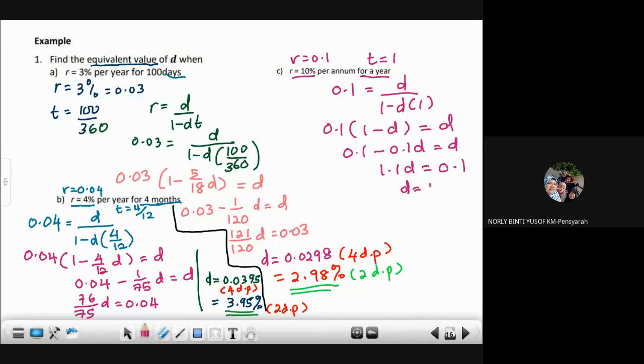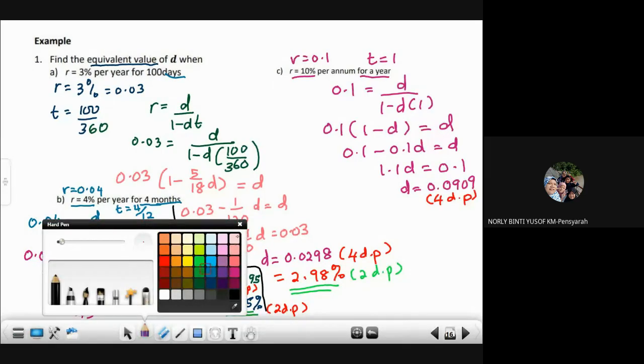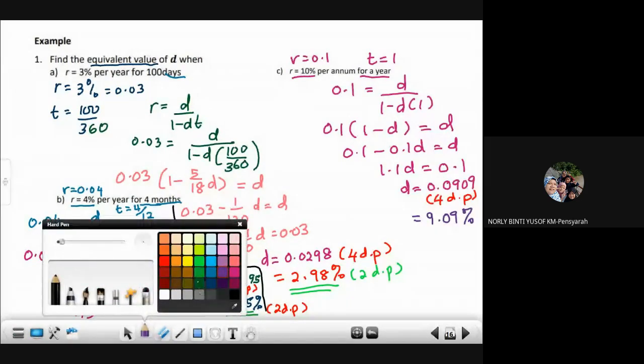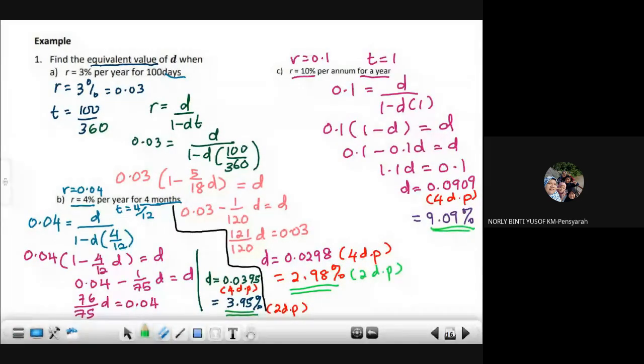D equals to 0.0909. So samalah ini dalam 4 decimal places. When you divide kan, 0.1 bagi 1.1 mesti dalam 4 decimal places supaya you punya D tu adalah into 2 decimal places of percentage. Tepat 9.09.